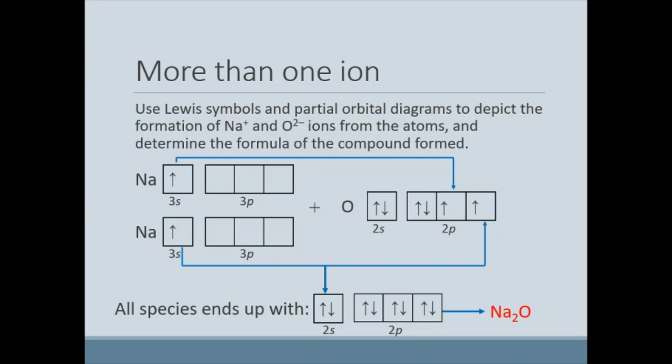And so all three of these atoms gain or lose their electrons to end up with an electronic configuration of 1s2, 2s2, 2p6. Again, sodium plus and oxygen 2 minus have the exact same electron configuration. Because it is the electronic configuration of a noble gas, everything's much more stable than it would have been if they were just their atoms by themselves.